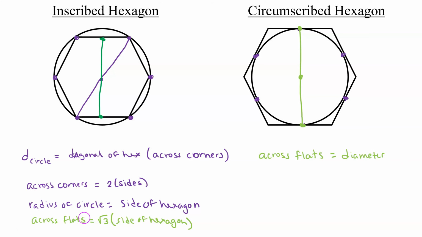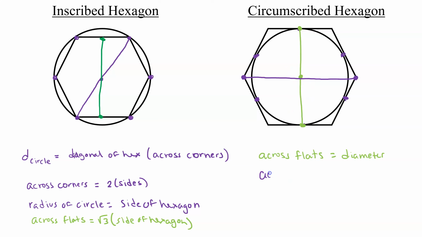And then if we were to go across corners, so let me switch to my purple color. So now if we were to go across corners on this hexagon, you see that that length is longer than the diameter.